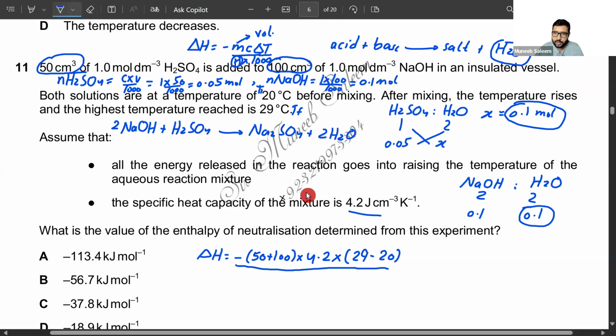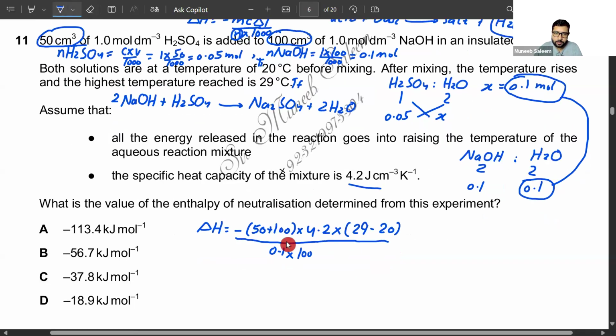Now moles is the same in both cases, so we put 0.1 here, into 1000. The answer will be equivalent to minus 56.7 kilojoule per mole, and that's the right answer, option B.